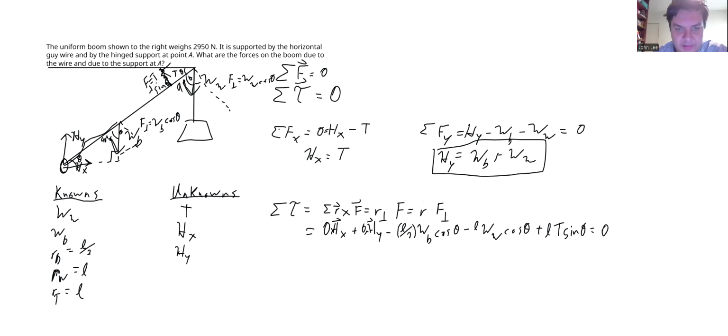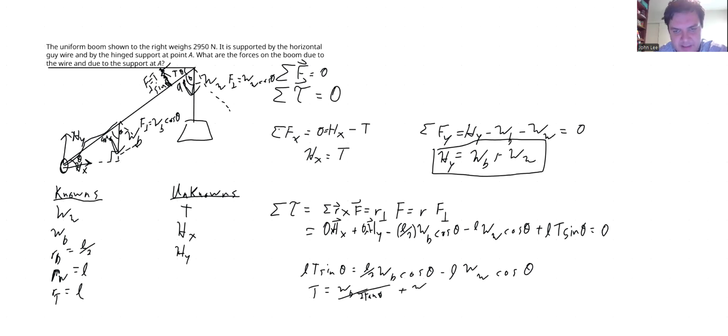So L tension sine theta is equal to L over 2 weight of the beam cosine theta plus L weight of the weight cosine theta. So tension is going to be equal to weight of the beam divided by 2 tangent of theta plus weight of the weight divided by tangent of theta.